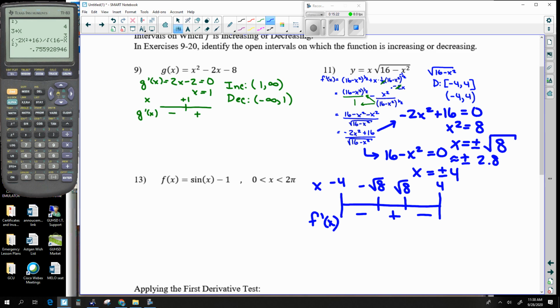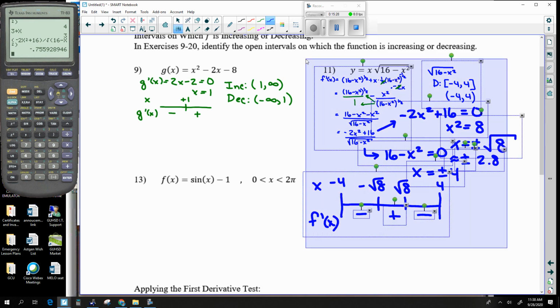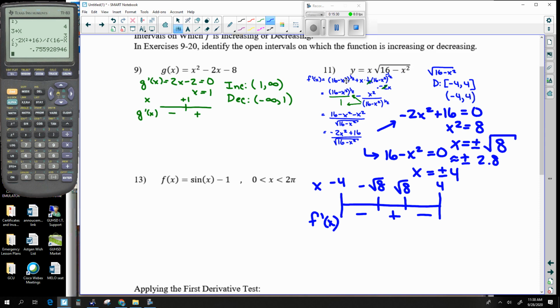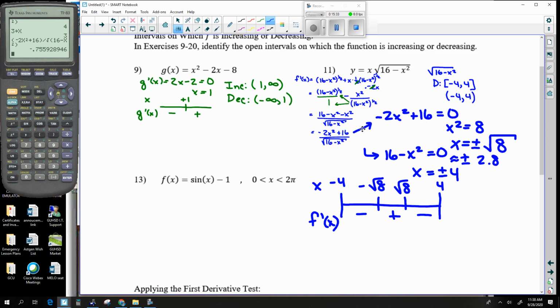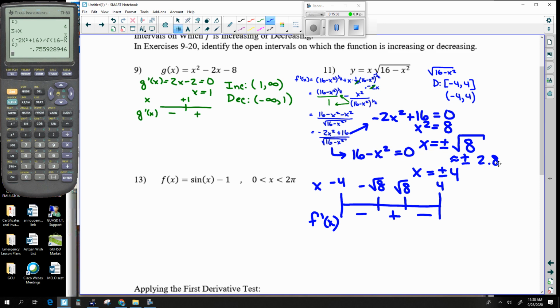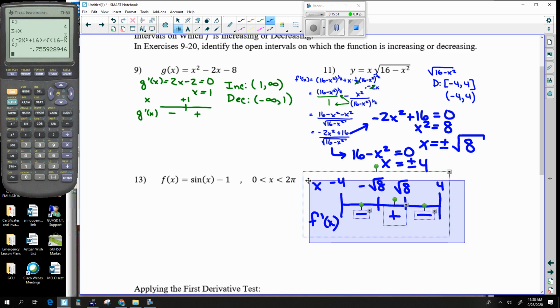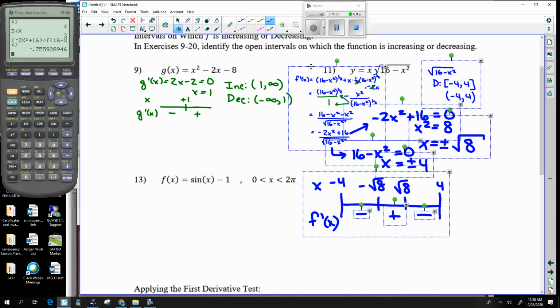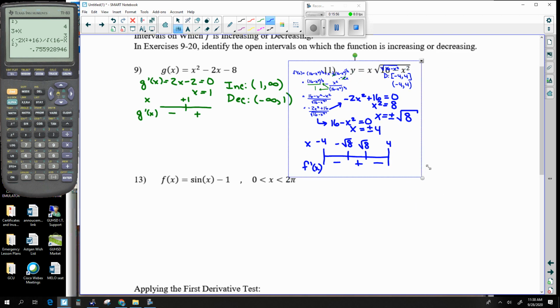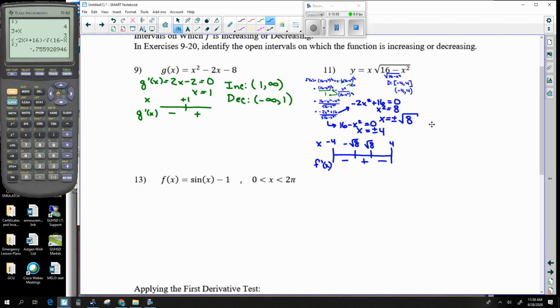Let me get a little bit more room here. You're just getting critical values. Sorry for the super micro print here.